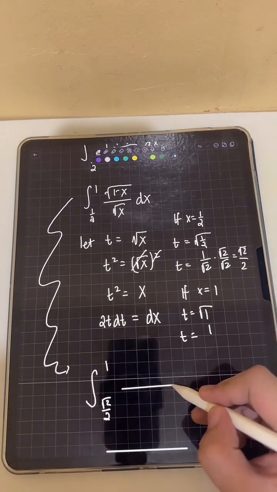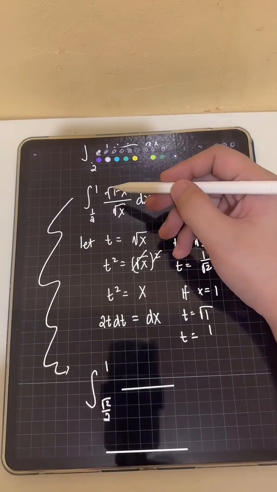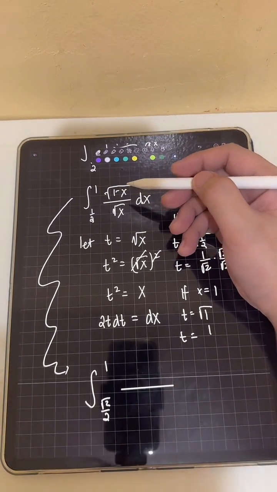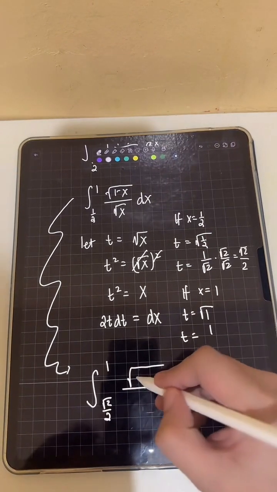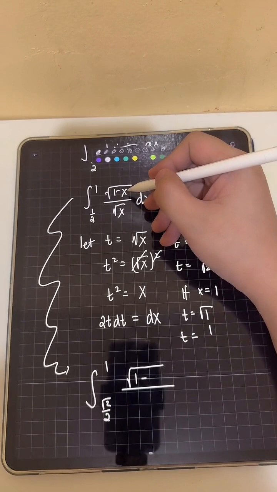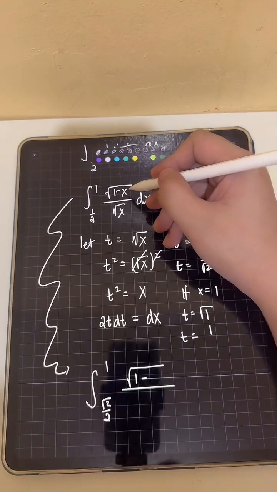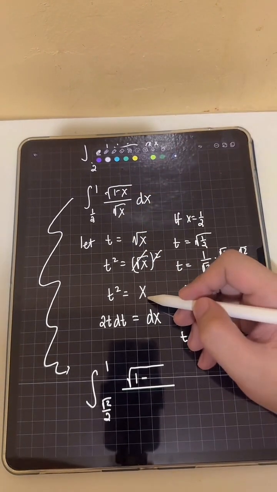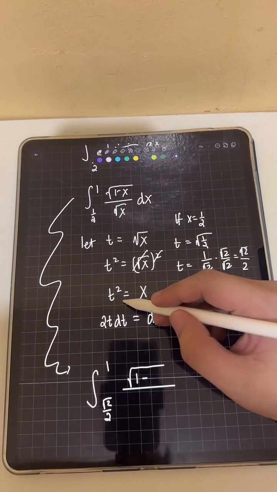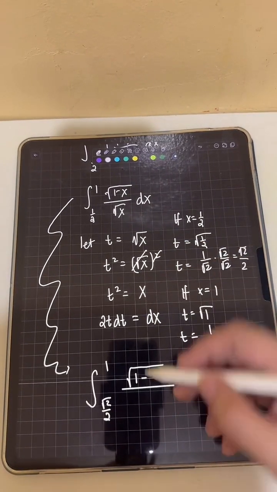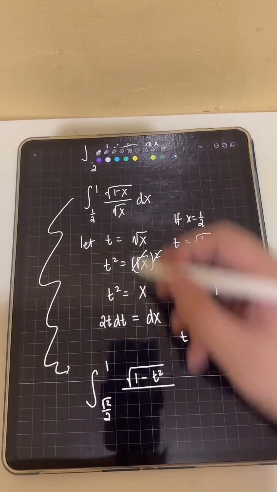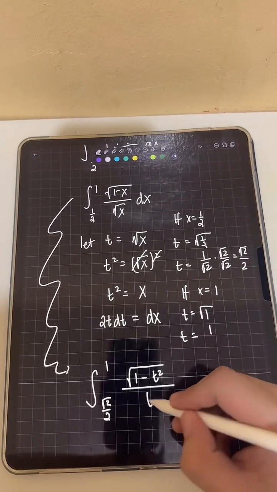And then for the integrand, we will have the square root of 1 minus x, but we should represent x in terms of t. So we know that from the substitution, x is equal to t squared. So we will have the square root of 1 minus t squared, over the square root of x, which is t.